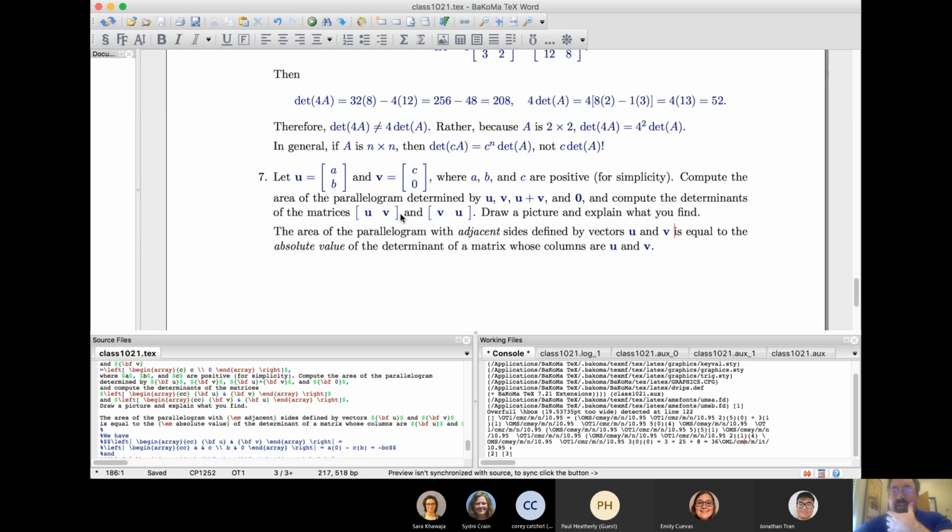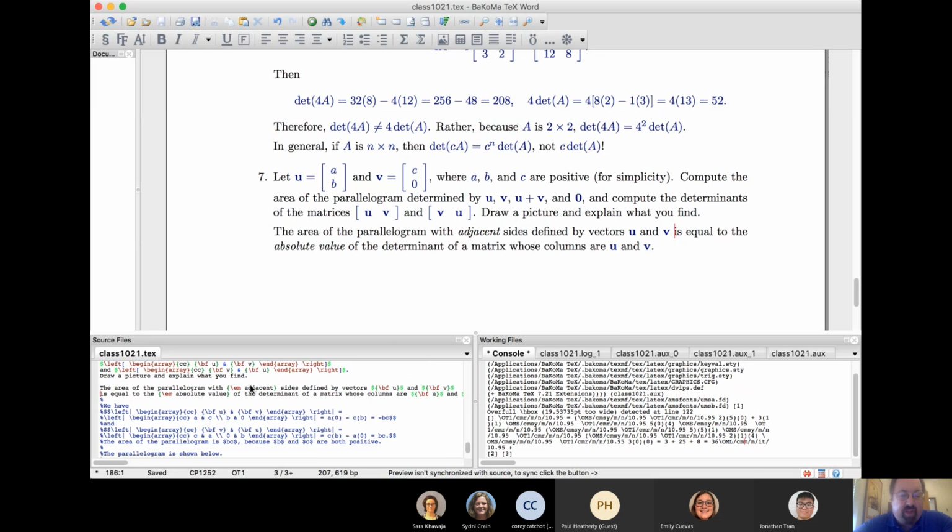Well, that's going to change the sign of the determinant. Of course, the area has to be positive. So these describe parallelograms that have the same area, they just are oriented differently. So the area that we get from these should be the same. So that's why we take the absolute value.